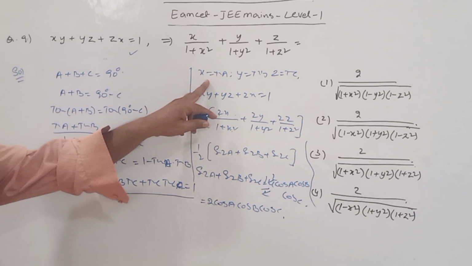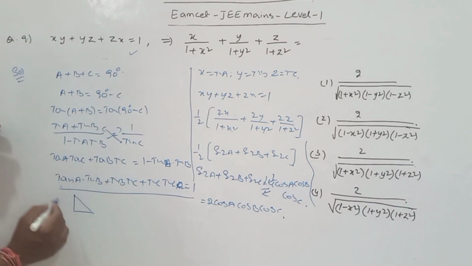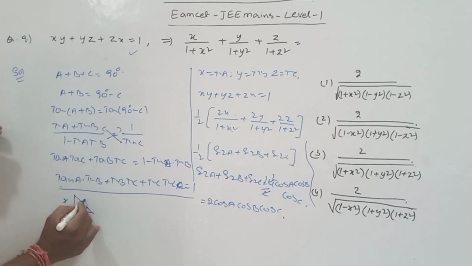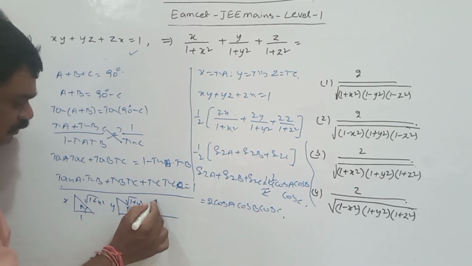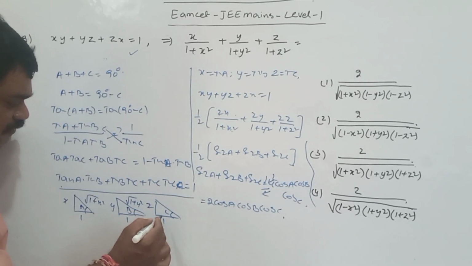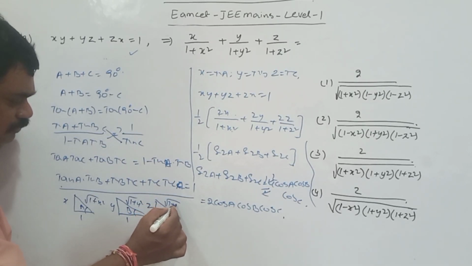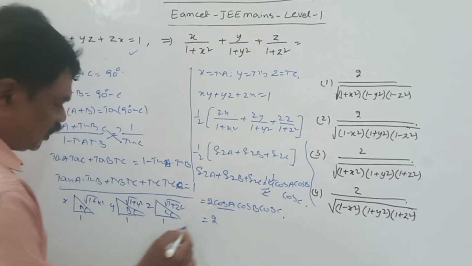Here x is equal to what? Tan a. X is equal to tan a means here this is a, x is 1. This is root over 1 plus x square. This one you take b, this is y, 1, root over 1 plus y square. So this right angle triangle C, this is z, this is 1, this is root over 1 plus z square. That is 2 into cos a.